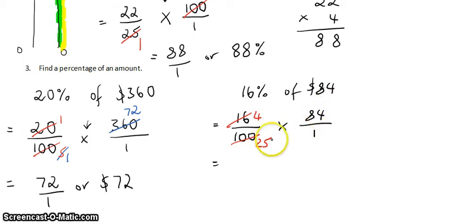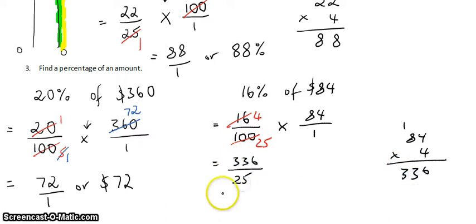Not really, because they're odd and even numbers, and so we can't do that any further. So we will have to multiply out 4 times 84. 4 4s are 16, 4 8s are 32, and 1 is 33. 336 over 25. And we can't simplify that, no.